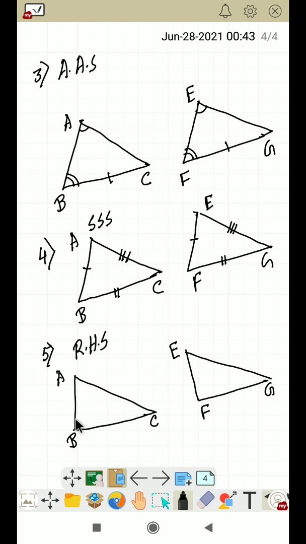Right angle, that means this 90 degree is equal to this 90 degree. H for hypotenuse, this hypotenuse is equal to this hypotenuse, and any other side, suppose this side is equal to this side. If this property holds, that time you can say that these two triangles are congruent triangles.